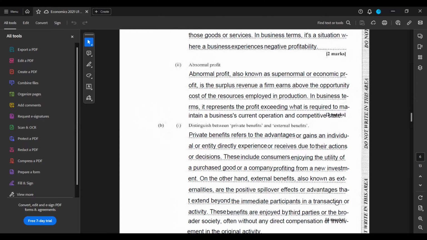On the other hand, external benefits, also known as externalities, are the positive spillover effects or advantages that extend beyond the immediate participants in a transaction or activity. These benefits are enjoyed by third parties or the broader society, often without any direct compensation or involvement in the original activity.